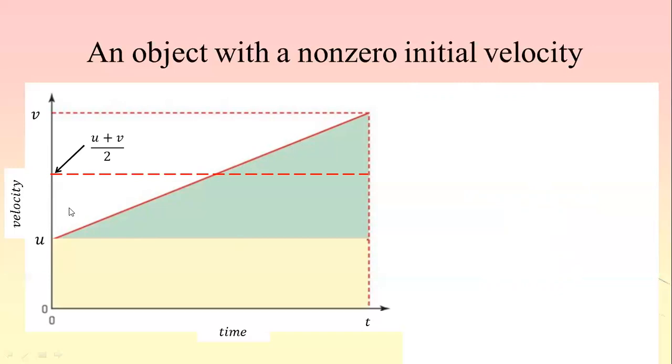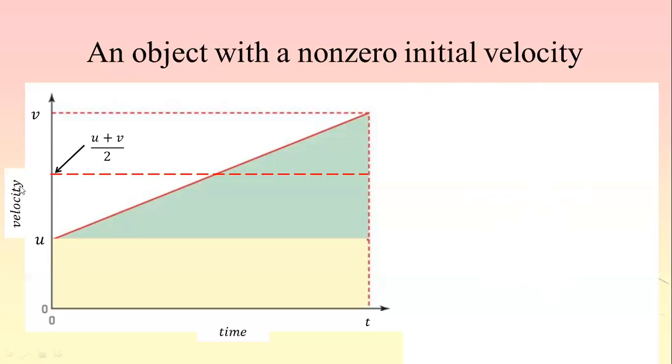That means equal changes in velocity happen over equal time intervals. What do I mean? Say, for example, you look at this initial velocity up to this average value of the velocity. The time it takes for the velocity to change from this initial value to this value will be equal to the time it will take for this average value of velocity to increase to this final value of velocity.